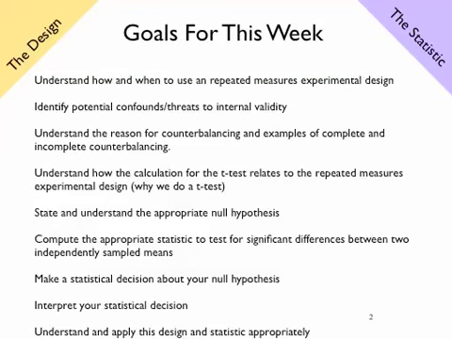You should understand those. To understand how the t-test calculation relates to the repeated measures design. So why we use the formulas for the t-test that we do for this design.